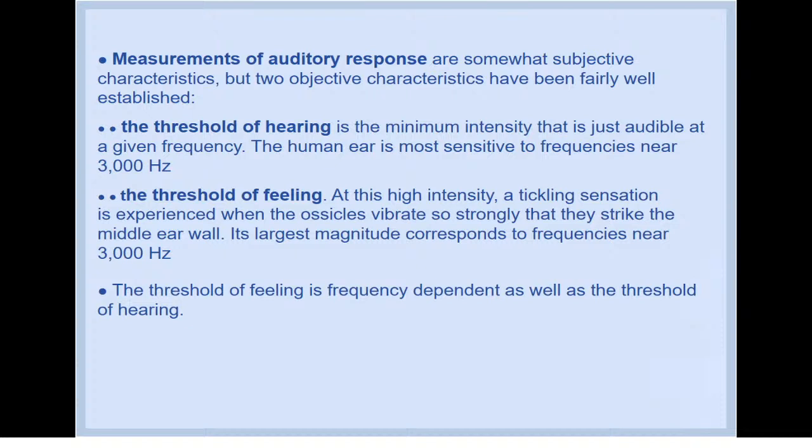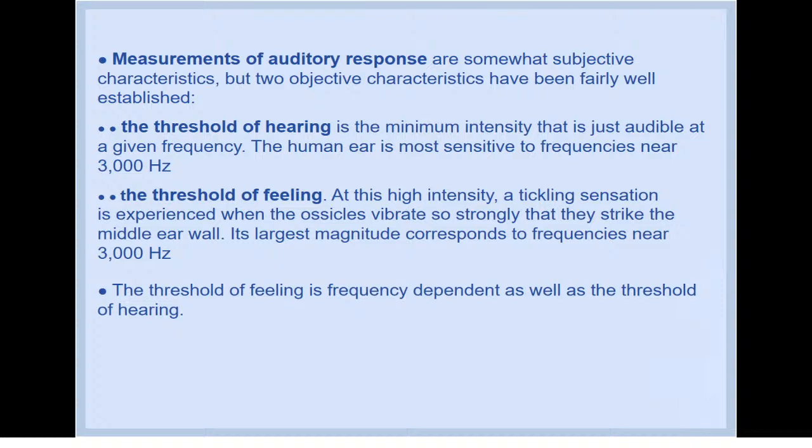The threshold of feeling: at this high intensity, a tickling sensation is experienced when the ossicles vibrate so strongly that they strike the middle ear wall. Its largest magnitude corresponds to frequencies near 3000 Hertz. The threshold of feeling is frequency dependent as well as the threshold of hearing.